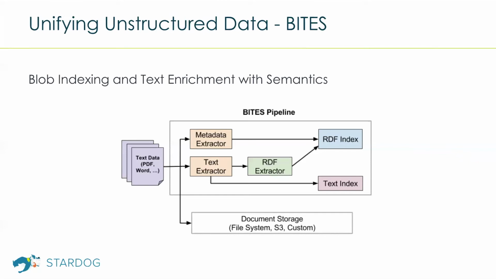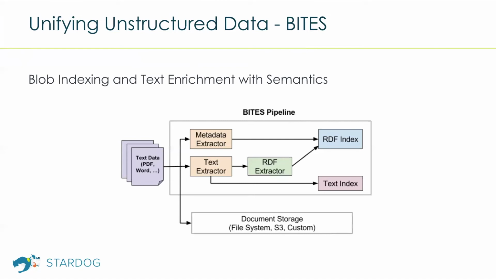So we have a system called Bytes, which stands for Blob Indexing and Text Enrichment with Semantics, for what that's worth. You can see on the left there, you have the PDFs and the Word documents go into Bytes when you tell it to load the document.